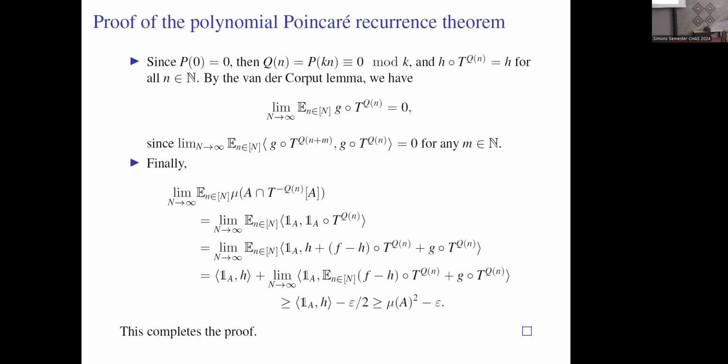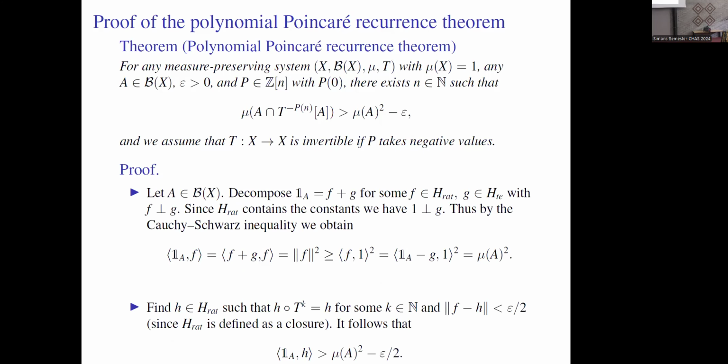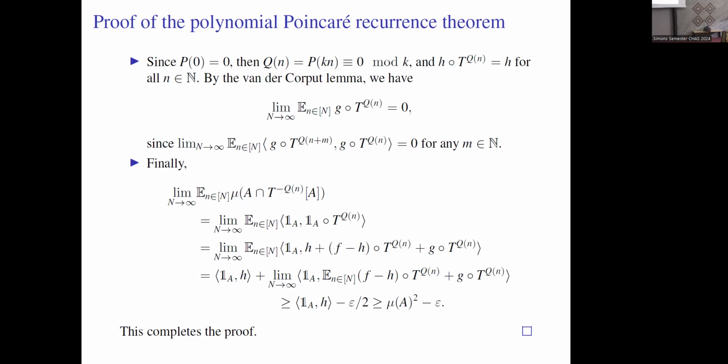And now we can finish the proof because we want to understand the limit of this expression. So now this is interpreted as the average, and here we can put characteristic functions composed with this orbit. And now we decompose this characteristic function according to this splitting here, and this additional function H from this set, and we have the following.